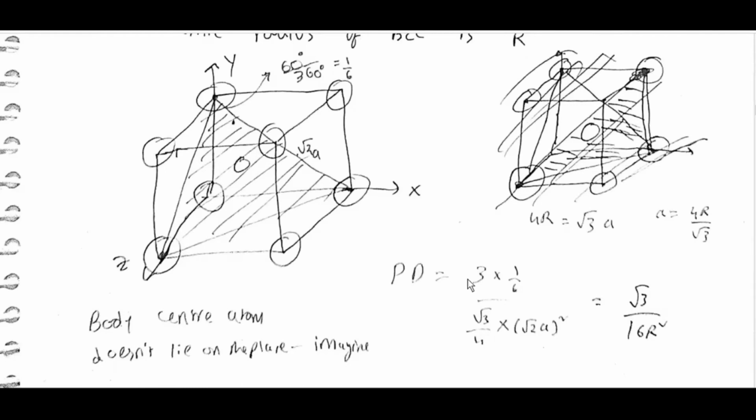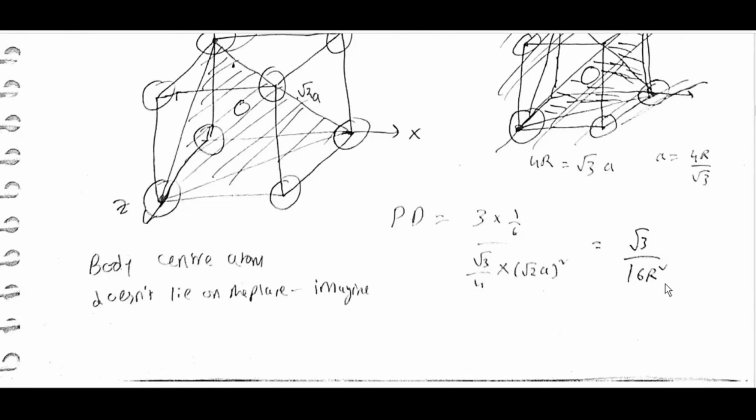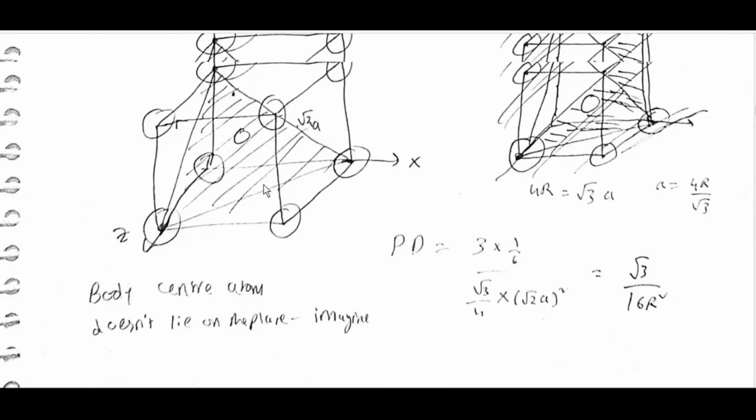Planar density is equal to 3 into 1 by 6, divided by the area. The area is an equilateral triangle with each side root 2 a, so root 3 by 4 into root 2 a whole square is equal to root 3 by 16 r square. Body center atoms don't lie near the plane. Imagine in 3D.